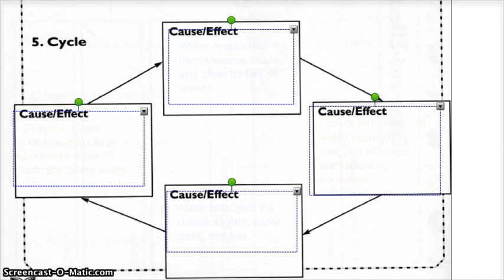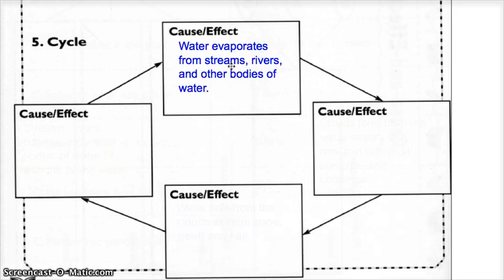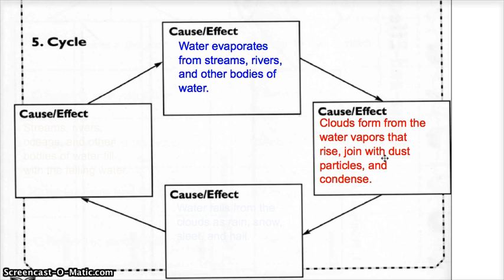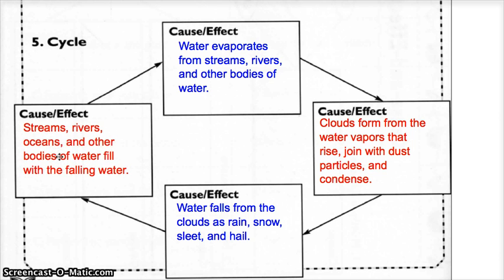The final organizer we're going to look at today is the cycle organizer, and we're going to talk about it using the water cycle. For example, when water evaporates from streams, rivers, and other bodies of water, clouds form from the water vapors that rise, and they join with dust particles and condense, which then causes water to fall from the clouds as rain, snow, sleet, and hail, which collects in streams, rivers, oceans, and other bodies of water.